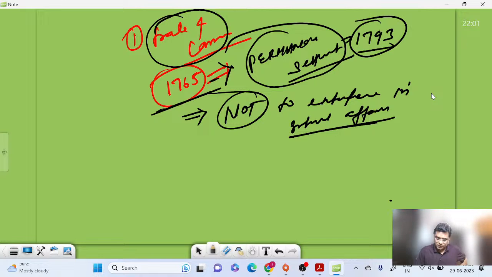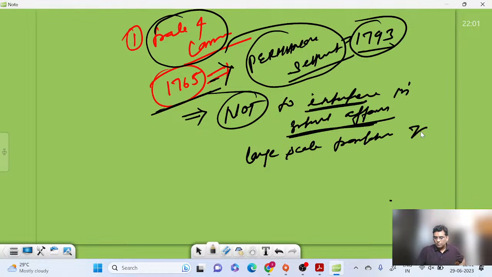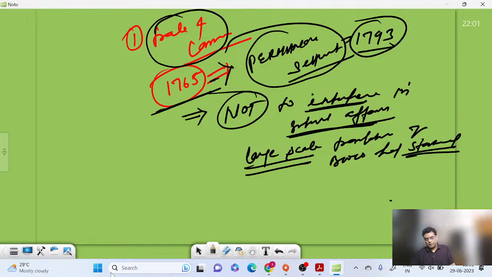This is the social policy. But large scale translation of books had started in 1765.